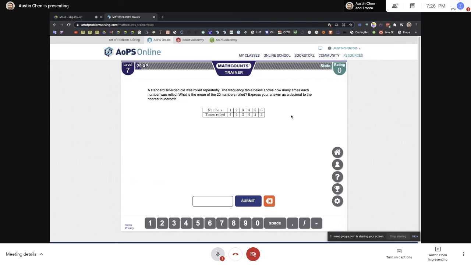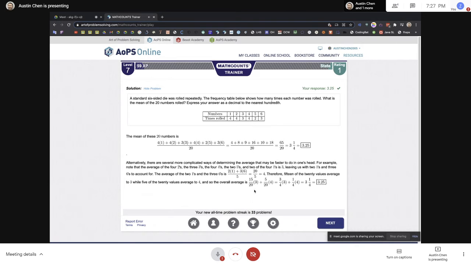We had three threes, so we multiply 3 by 3, and we do that with all of them to get the total value of all of the rolls. You want that because you're finding the mean. You just divide that by the number of rolls, which is 20, and you should get 3.25. And that's correct. Very cool.